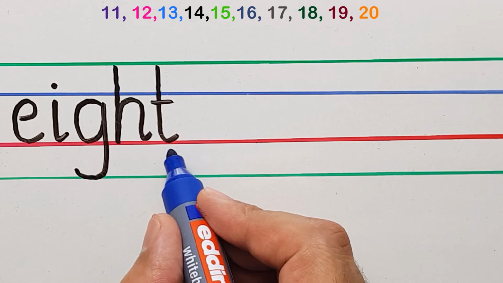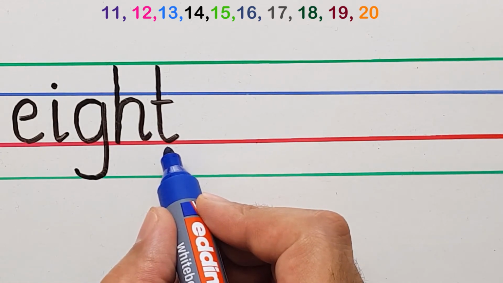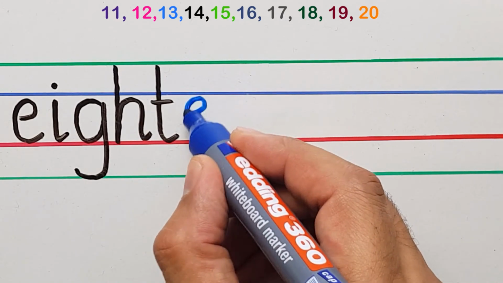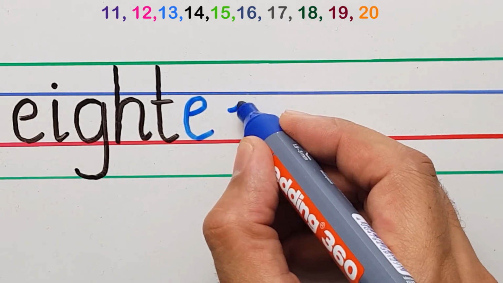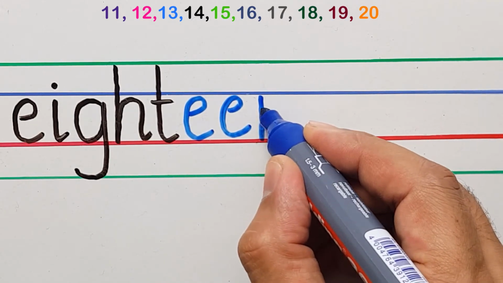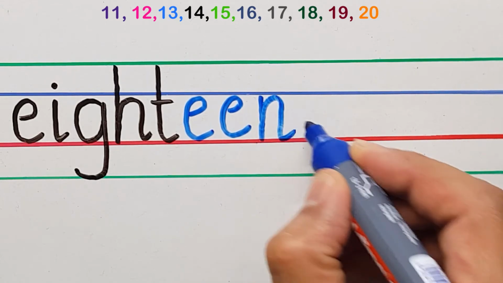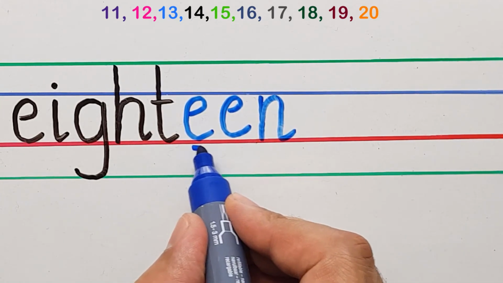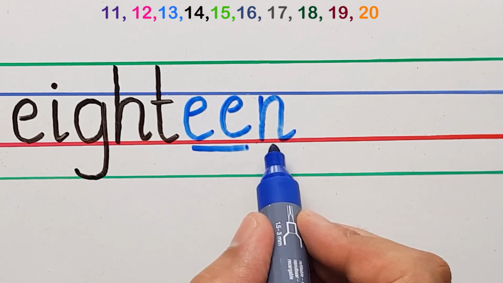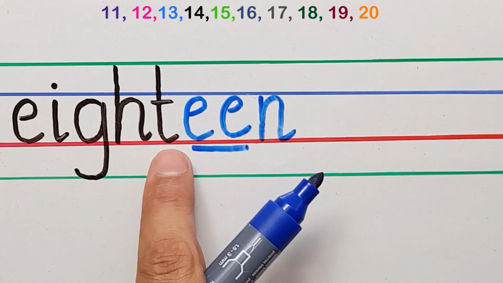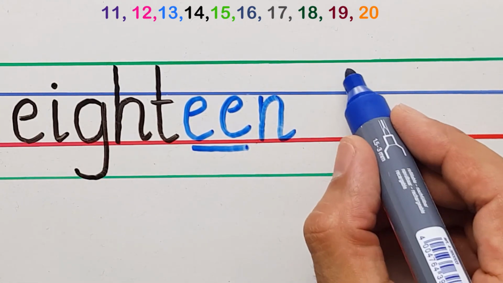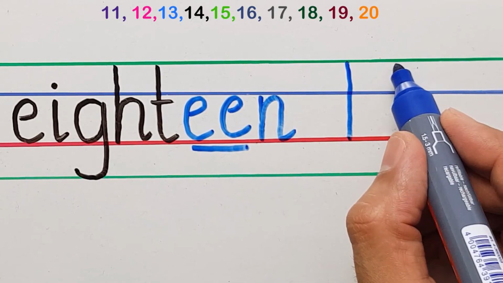Now be careful with this. You don't need to write 2 T's. So you've already got a T, so you write E, E, and then N. Down, up, round, to the bass line, flick. So remember this. The 2 E's give the E sound, and you have teen here. And so you only need 1 T. So remember this. 18 only has 1 T. And then it's 1 and 8.